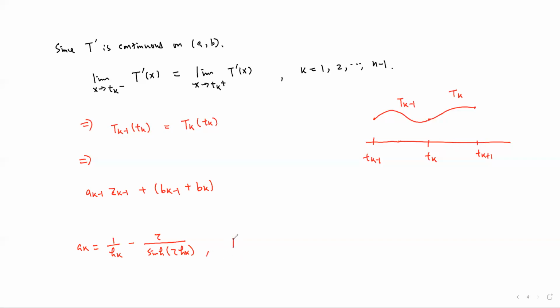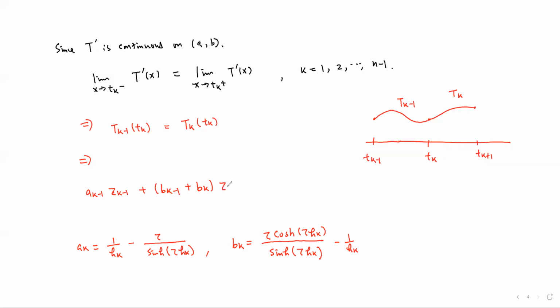Bk is this number, tau cosh(tau hk) over sinh(tau hk), where cosh here is the second hyperbolic function. This is Bk.